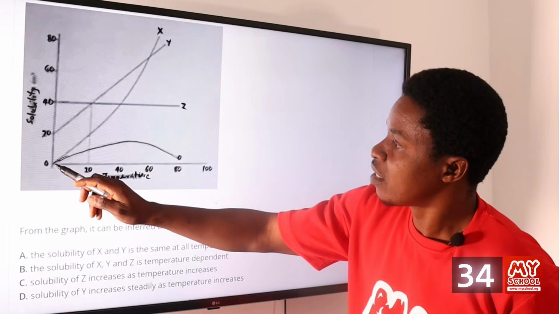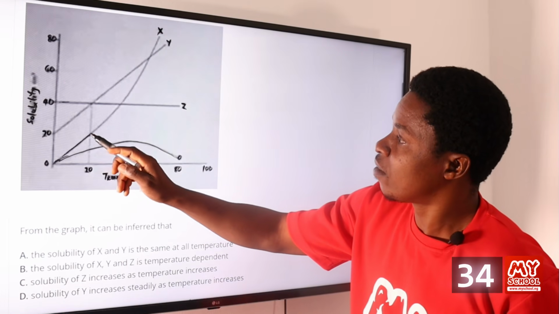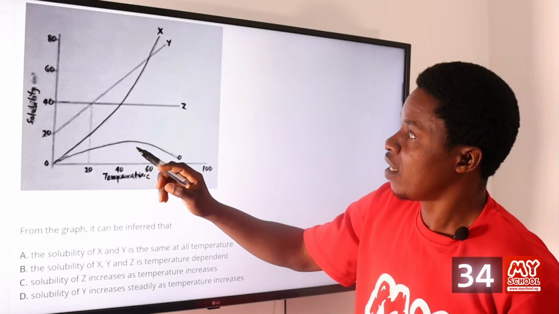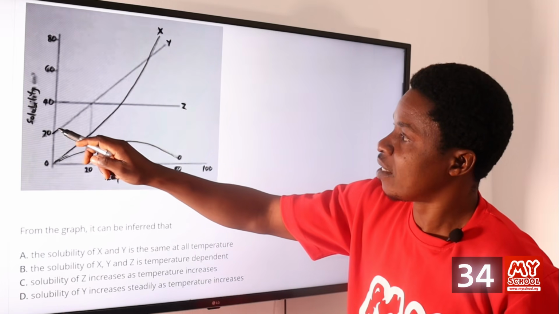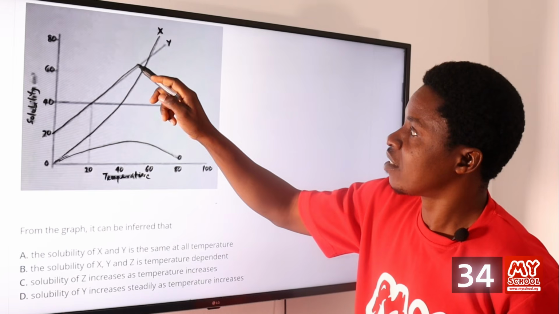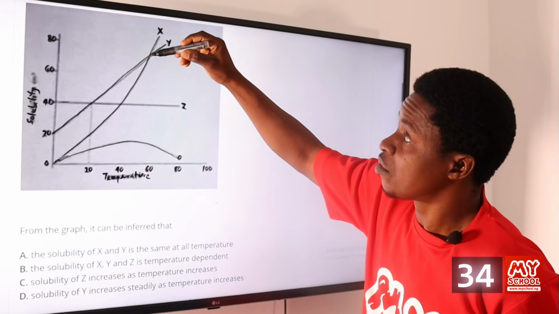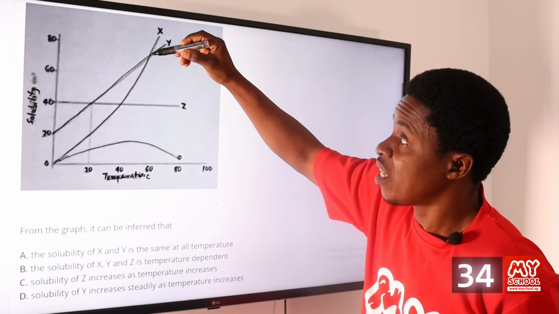Solubility of X and Y is the same at all temperatures. Let's look at X. Here is X, moving this way, and then we have Y here, this way. So there's only a point of intersection where both of them actually meet, only at this point here.